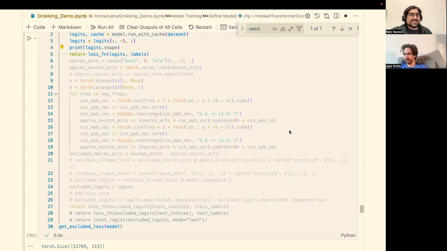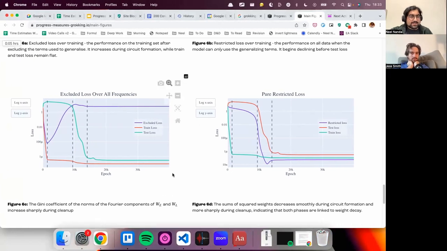So in order to close things off in a tragically less satisfying way, let's go look at the excluded loss graph that we have in our paper. What we basically see is that the excluded loss goes down alongside the train loss, and starts to diverge a bit towards the end of the memorization phase, since the model's starting to form circuits in the background.